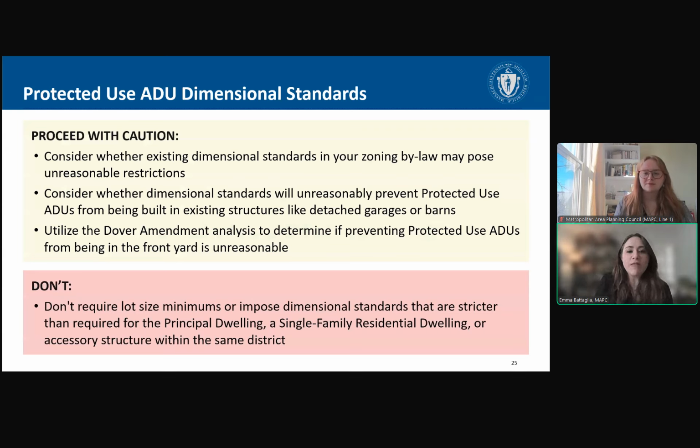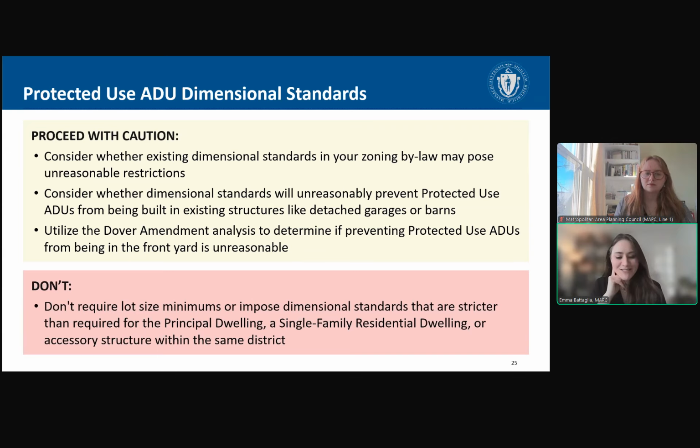You should consider whether existing dimensional standards in your zoning bylaw might pose unreasonable restrictions, particularly given the purpose that is set out in the regulations to increase housing production and provide affordable places for people to live. You should consider whether dimensional standards would unreasonably prevent protected use ADUs from being built in existing structures like a detached garage or a barn.